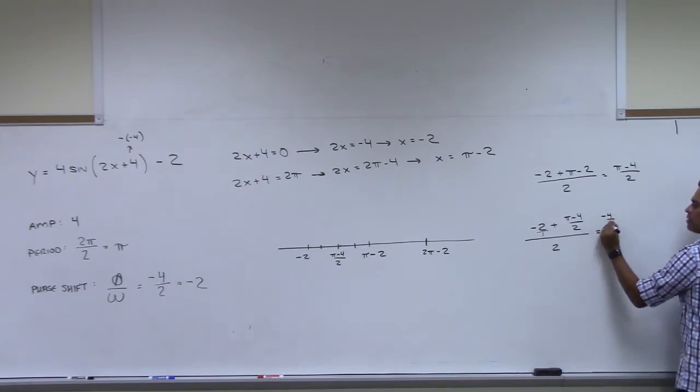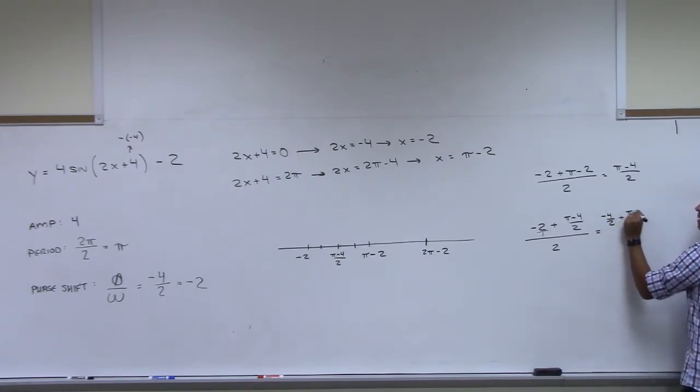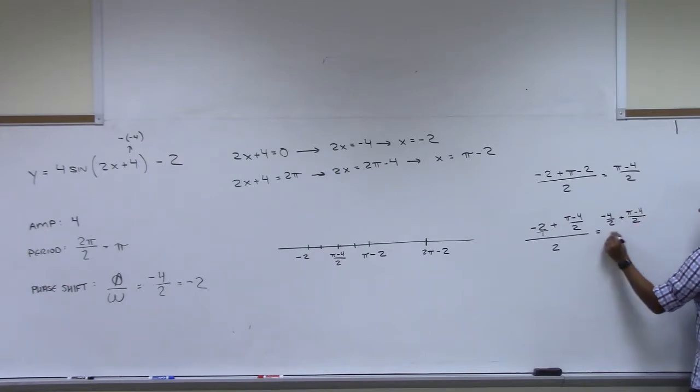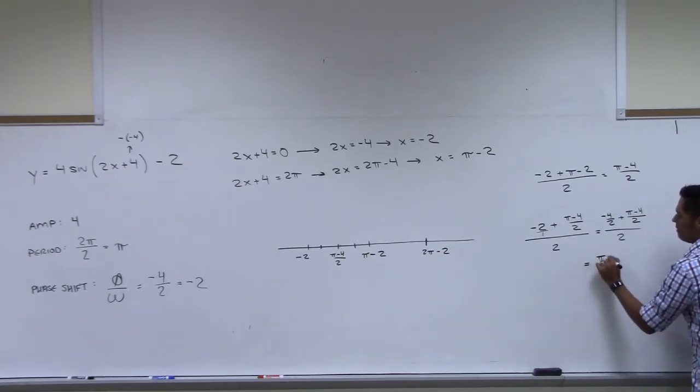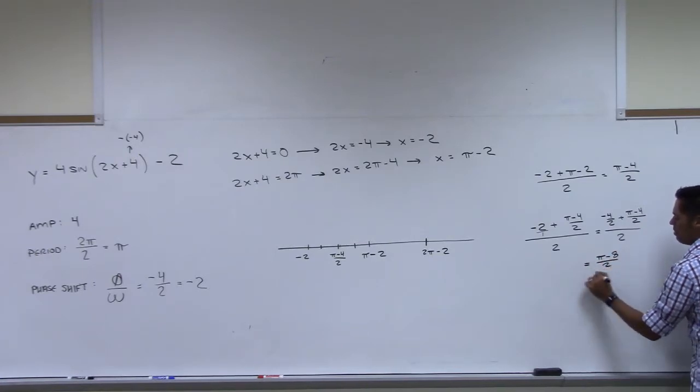Negative 4 over 2 plus pi minus 4 over 2, all of that over 2. What do you get there? Pi minus 8 on top. Pi minus 8 over 2 over 2.